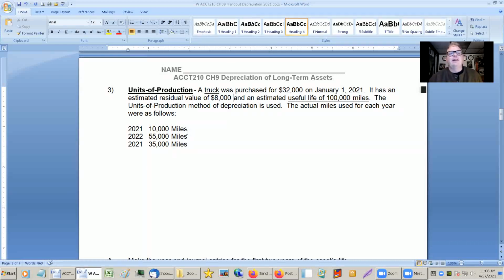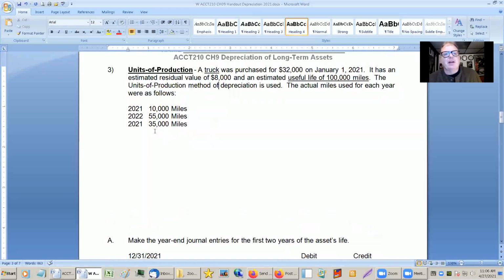Whoa. Let's all together make a correction here. You'll notice that we have two 2021s. Now, one thing we don't do is repeat years. So let's change this to 2023. Make sure you change that. That was an error.